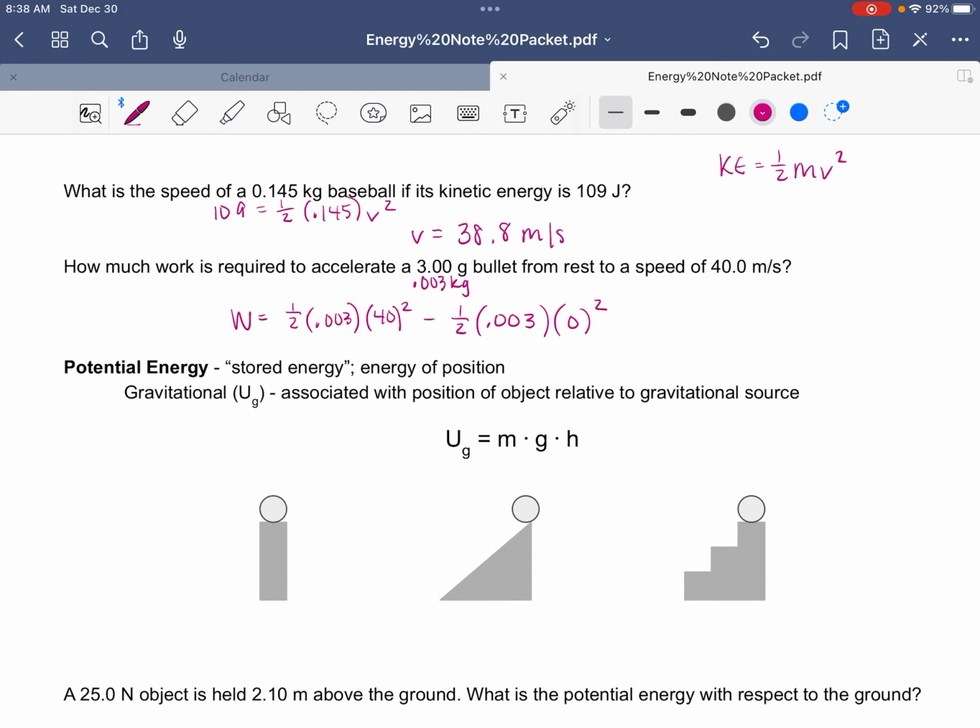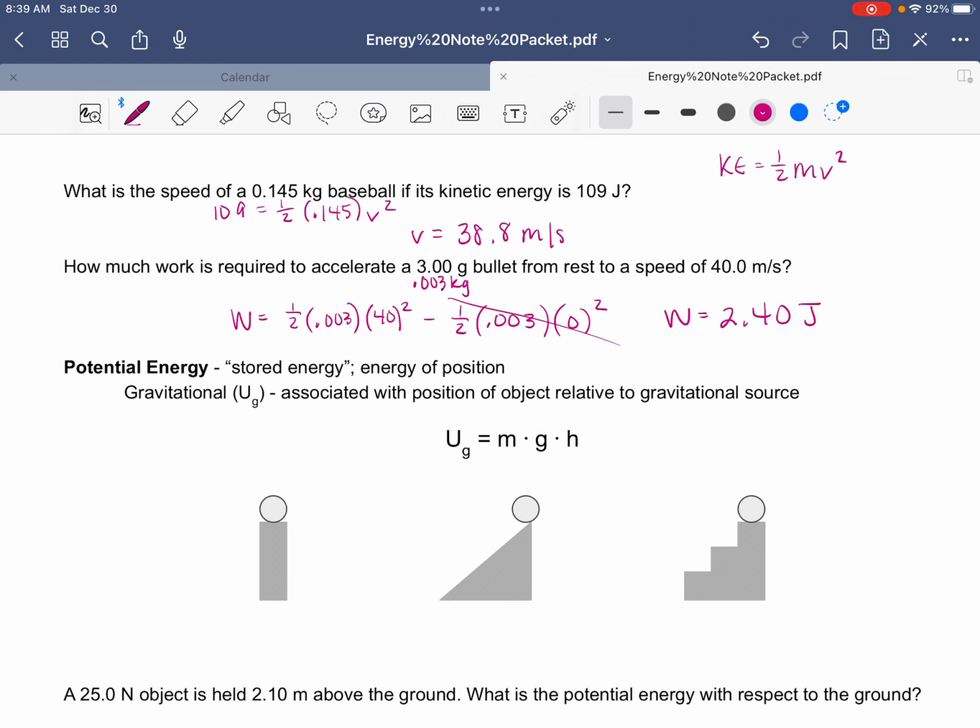So this just cancels out, and I'm left with the other side. I'm going to take 0.5 times 0.003 times 40 squared, and with 3 sig figs, my work is 2.40 joules.